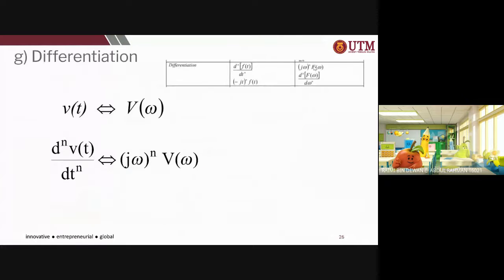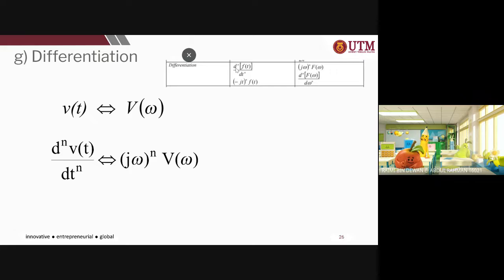And then differentiation. Refer to your table. You can see here d^n, which means you can differentiate more than once. For example, first differentiation d/dt, second differentiation d squared over dt squared, third differentiation d cubed over dt cubed. I think you understand.